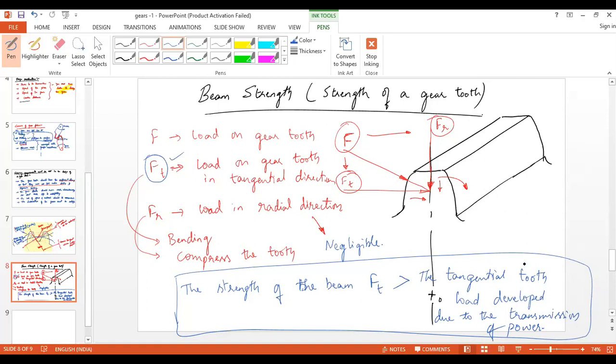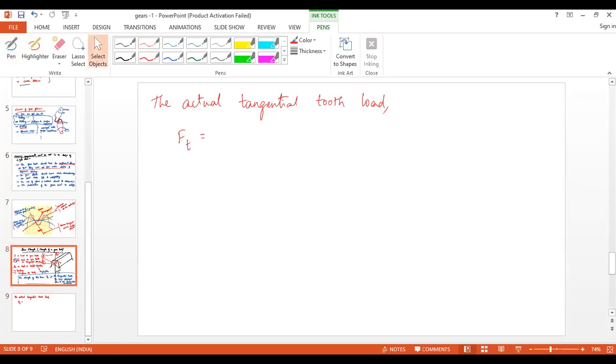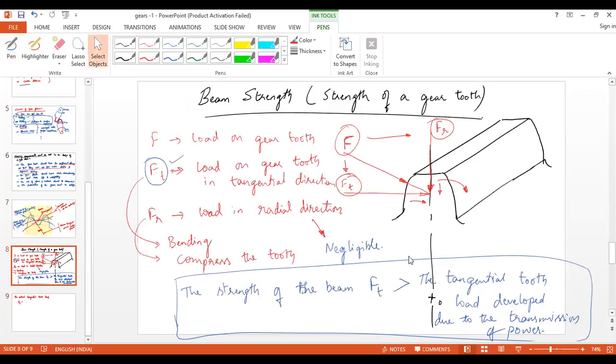Okay, now let us quantify this tangential tooth load due to the transmission of power. The actual tangential tooth load, we call that also Ft. What will be the tangential load?